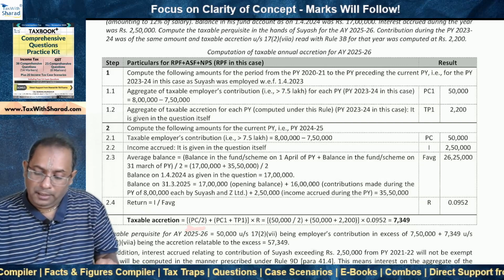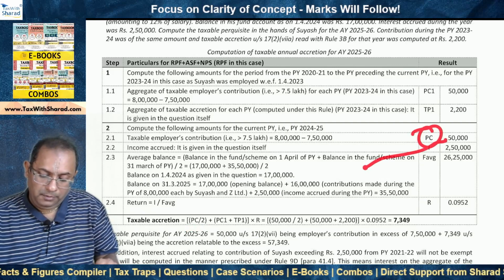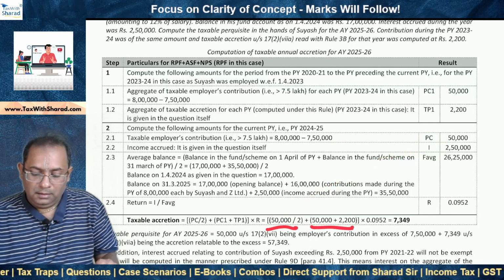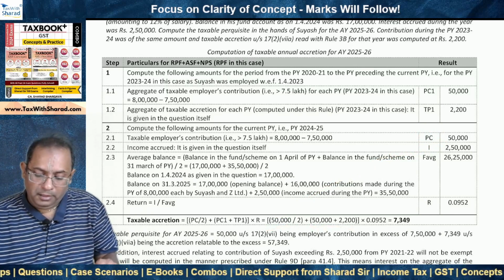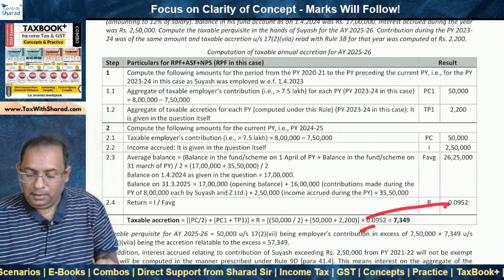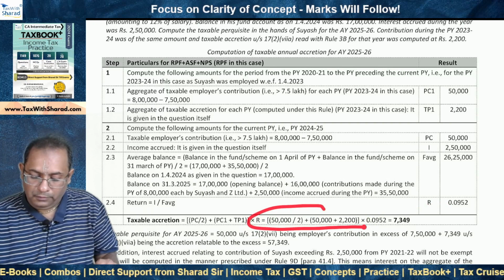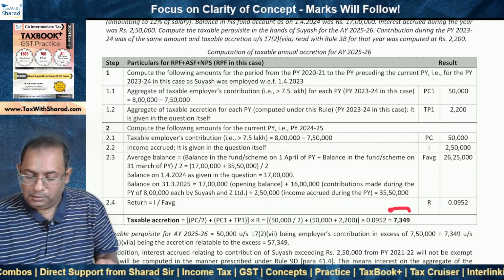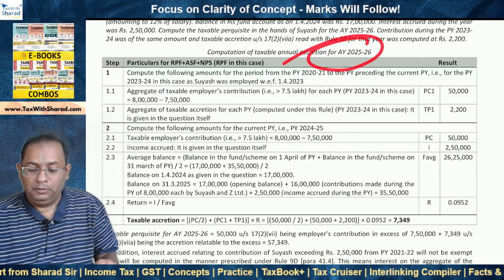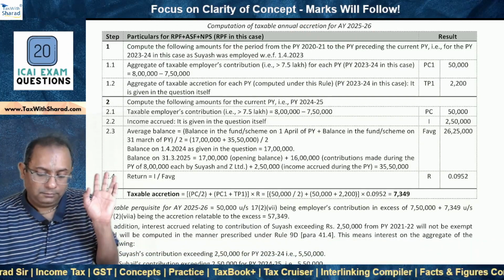Next is PC divided by 2. PC 50,000 divided by 2 is 25,000. So this and this we need to add, and multiply by R, which is 0.0952. So ultimately we will get this amount, 7349. This will be the taxable accretion under Rule 3B for AY 25-26.